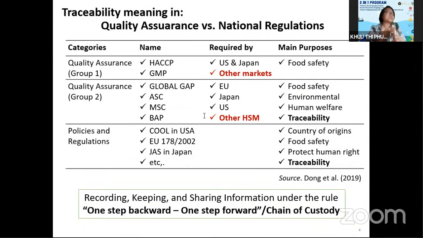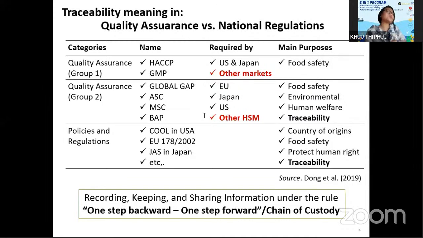Sometimes one processor has almost 10 certifications, and for each certification they have to spend a lot of money. This is a very interesting question, but the most problem now is here.